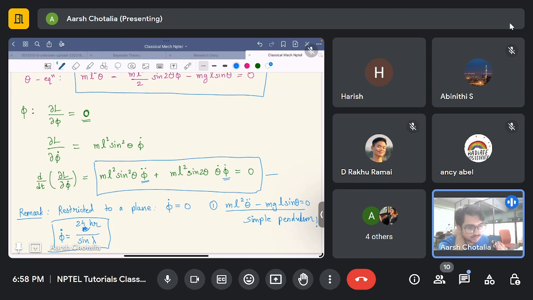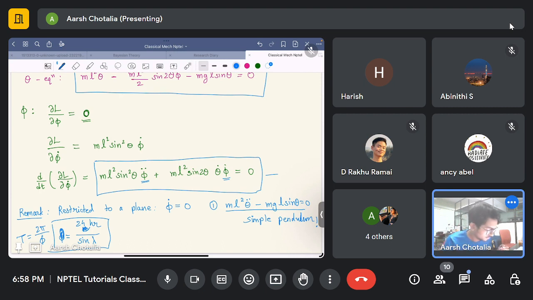And as you decrease the latitude, come towards the equator, this time period would increase. So this is not phi dot, this is 2 pi by phi dot. That is the time period. So you can calculate this time period for your city. In India, I calculated for Mumbai. I stay here, so it's around 73 hours.